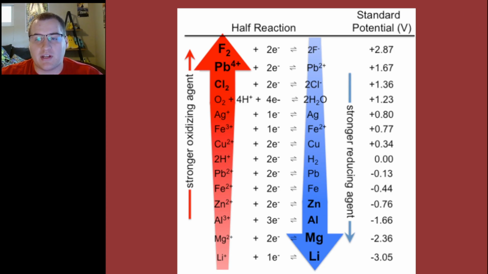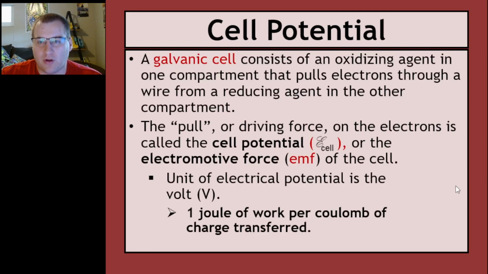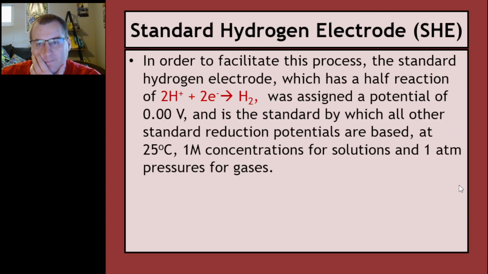And that's basically what we've done here. Our baseline reaction is this 2H plus 2 electrons gives you H2, and that's exactly 0. So we're comparing the voltage of this to all the other reactions. So this isn't a flat 2.87, it's just 2.87 above hydrogen, which is kind of our standard. Not really important, but just in case you see something about that.